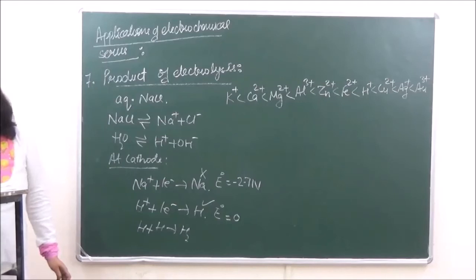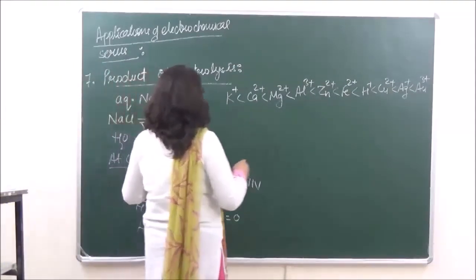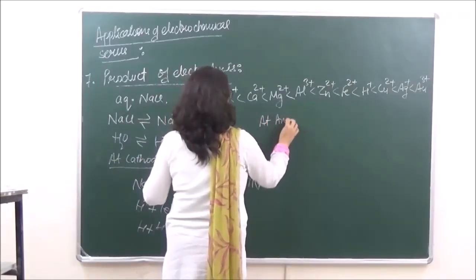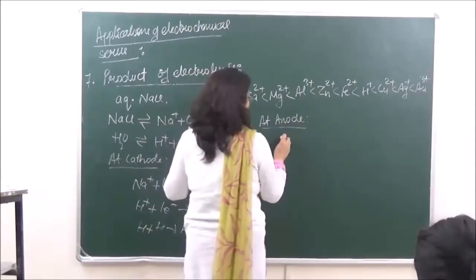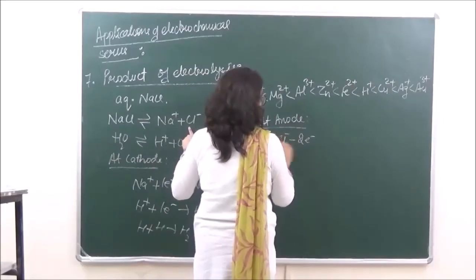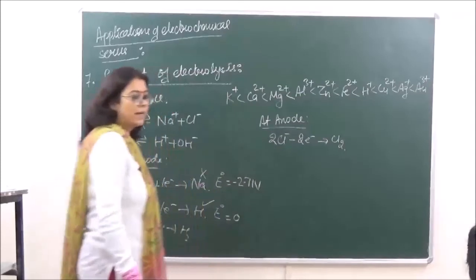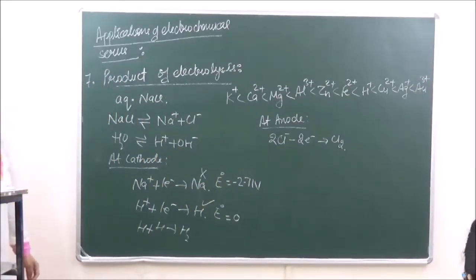So when we are looking at the reaction at the anode, the value of chlorine is the one having a low value of reduction potential.